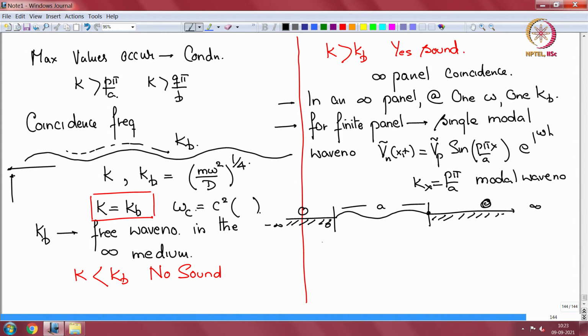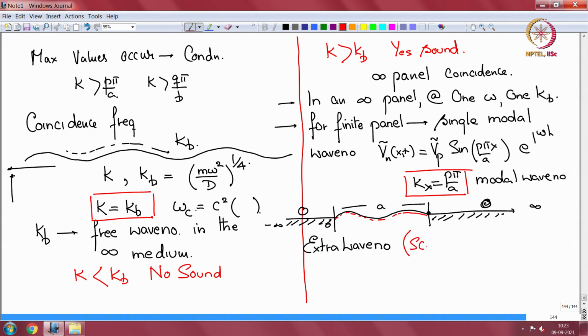And that generates extra wave numbers. So this finite panel modal wave number, because it sits only in a finite region, it scatters.